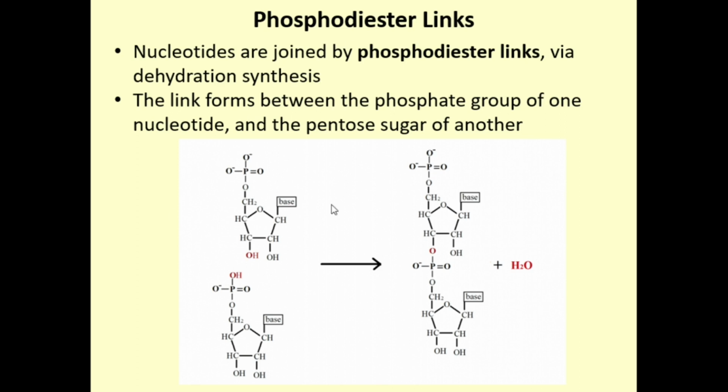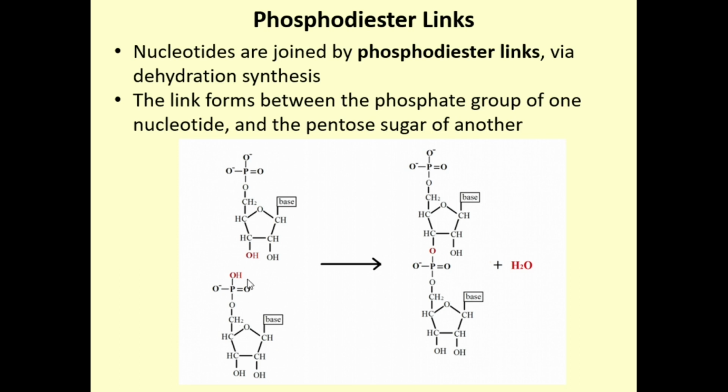If we look on the left-hand side of this diagram, we can see 2 nucleotides. They're drawn slightly differently, but let's break it down. So right here in the middle, we can see our pentose sugar. Attached to it here, we can see our nitrogenous base. And then up here, we can see our phosphate group. And then we've got a second nucleotide down here, pentose sugar, nitrogenous base, phosphate group.